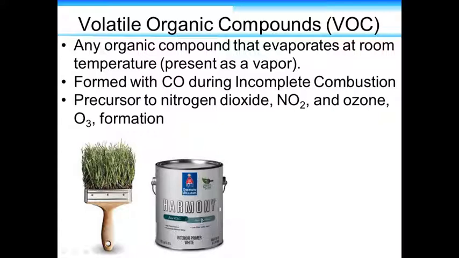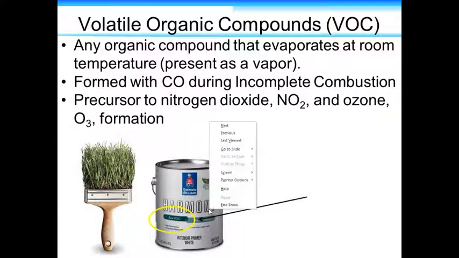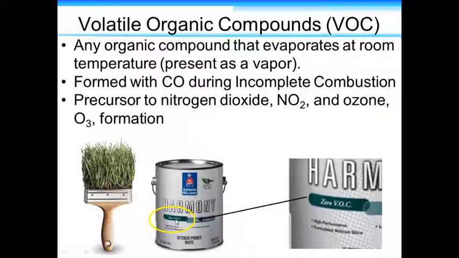But even in your paints, if you are concerned about indoor pollution, you probably want to be looking for VOC-free paints. Here's a little paint can, and if we zoom in on it, it says 0 volatile organic compounds.